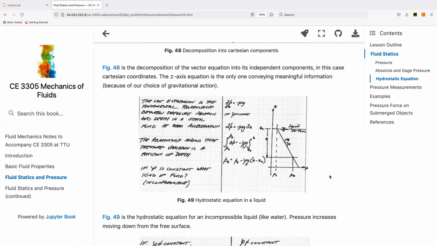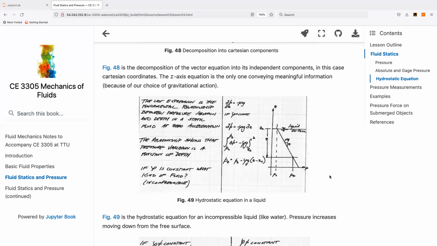So if Z in that picture happens to be 10 meters, pressure at 0 is 1 atmosphere. If we go down 10 meters into that fluid, and that fluid happens to be water, what is the pressure at Z equals 10 meters? Z0 is 0 gauge, so 0 atmosphere. Z minus Z0 is minus 10 meters.